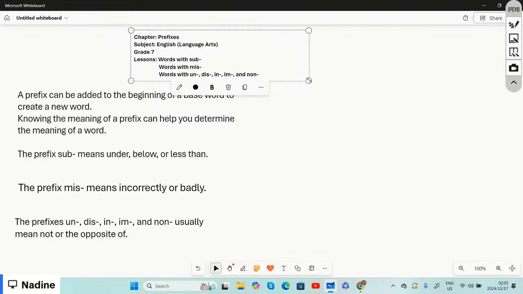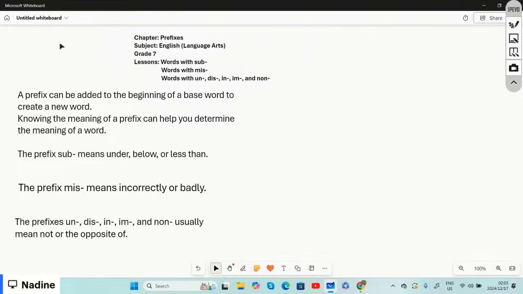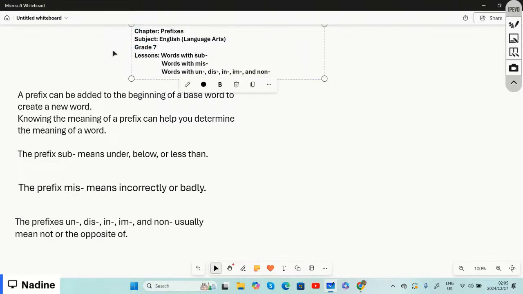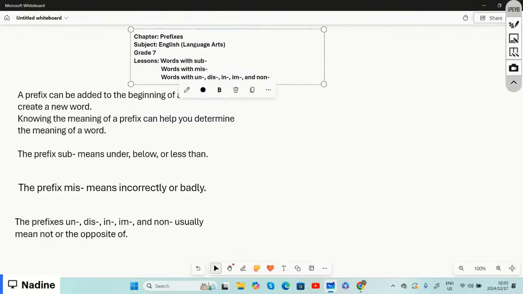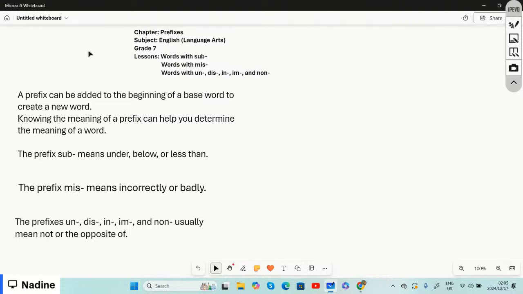All right, so our chapter is prefixes. Our subject is English Language Arts. We're doing grade 7.